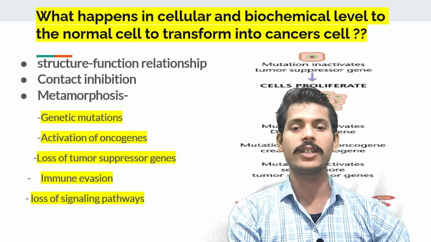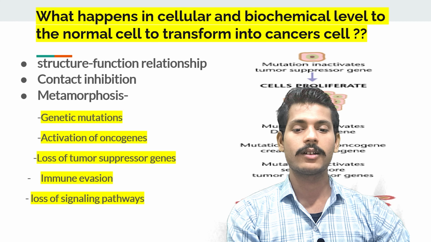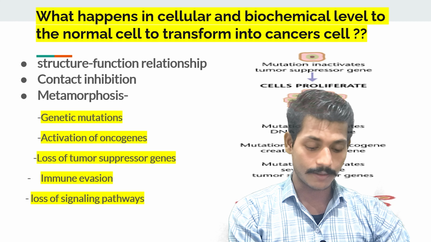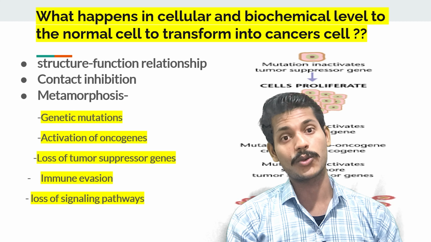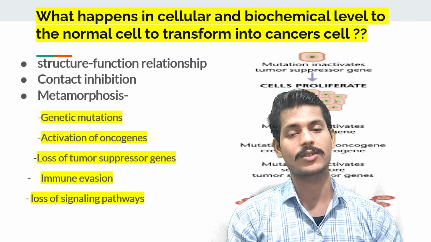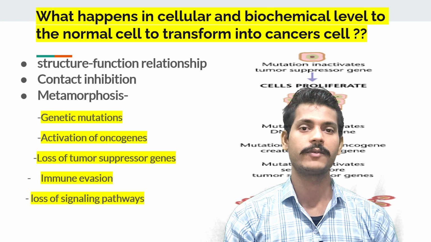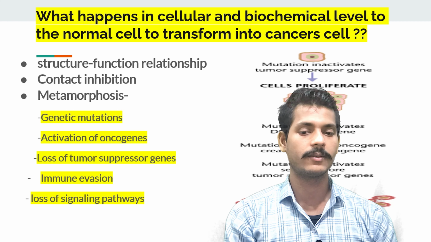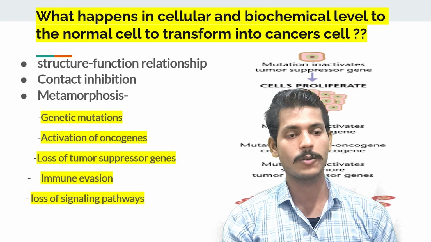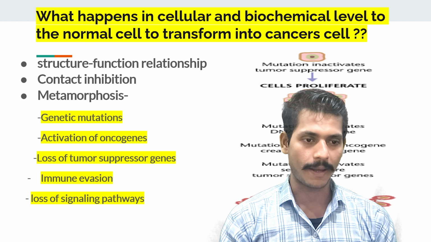Then we have another, the controlling of one cell by another cell, and that is the signaling pathway. So there is also a loss of signaling pathway. Got it? No problem. Okay, let's move to the next slide.